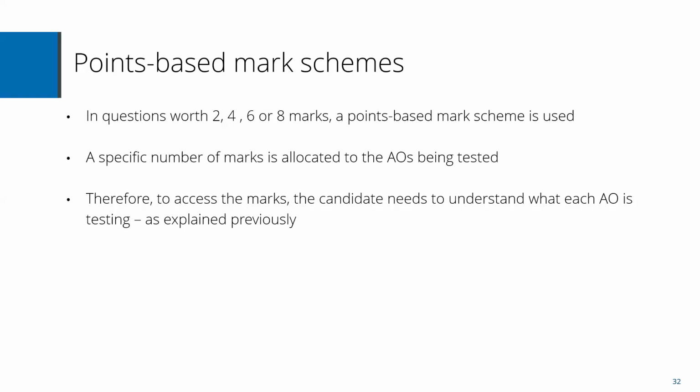They're not going to be losing marks if they've given us more accurate information, but it's taking time away from themselves for what they could be using to answer essay questions, for example. So it's really important that they get to grips with that, and they're not wasting their own time putting things down they're not going to pick up marks for. So to access the marks instead, that's why they need to understand these assessment objectives and what is being tested, what is required from them.